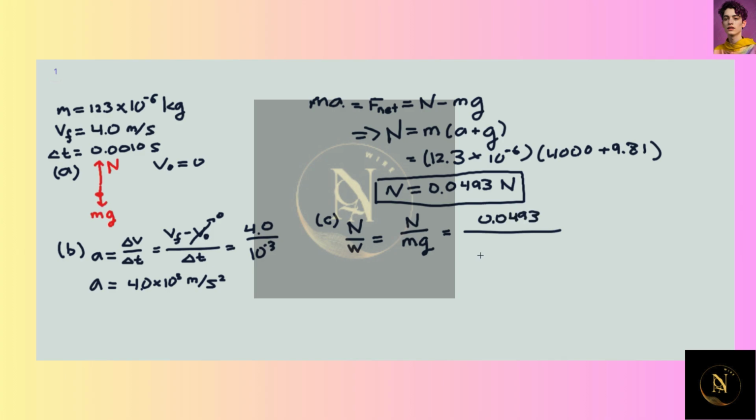On the bottom goes the mass multiplied by the acceleration due to gravity. And then the ratio of the normal force to its weight is approximately 409. That's very strong.